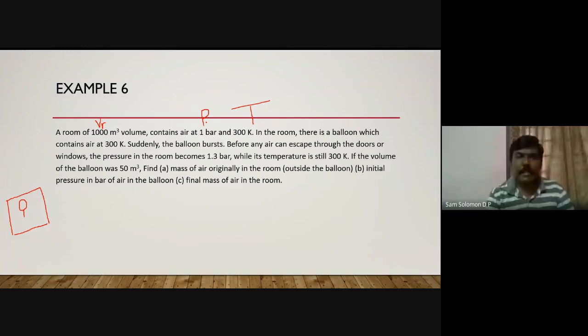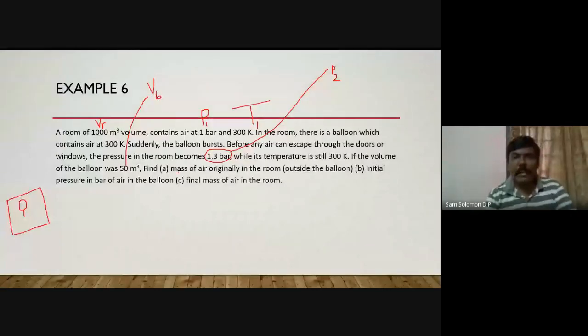Let's say this is P1 and this is T1, and this 1.3 bar happens to be P2. This is the final state that they are giving, while its temperature is still 300 Kelvin, so T1 is equal to T2. If the volume of the balloon was 50 meter cube, so this is VB. The volume of the balloon is only 50 meter cube.